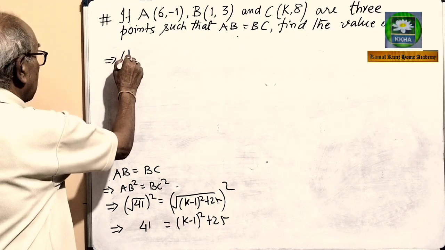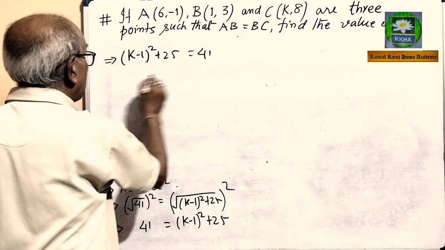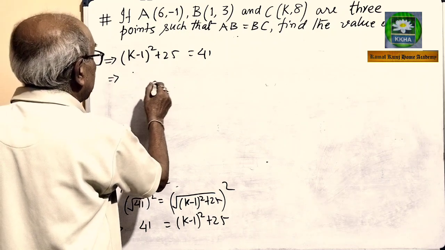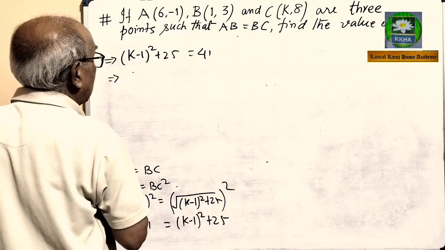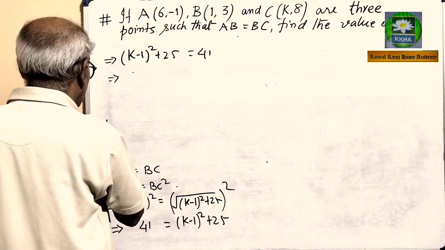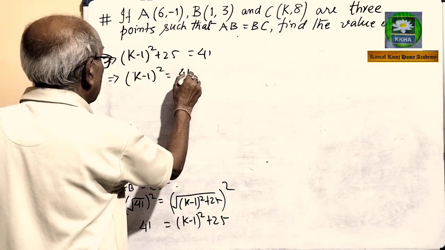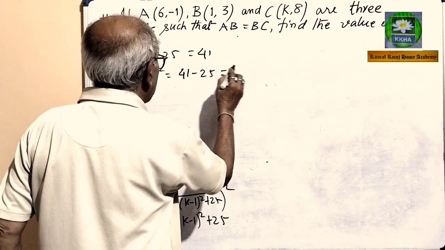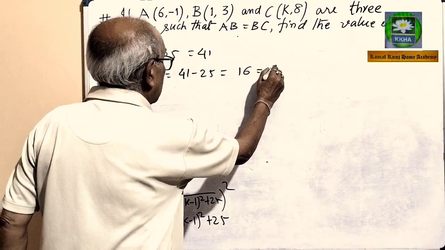That is, (K minus 1) whole square equals 41 minus 25, which is 16, which is 4 square.